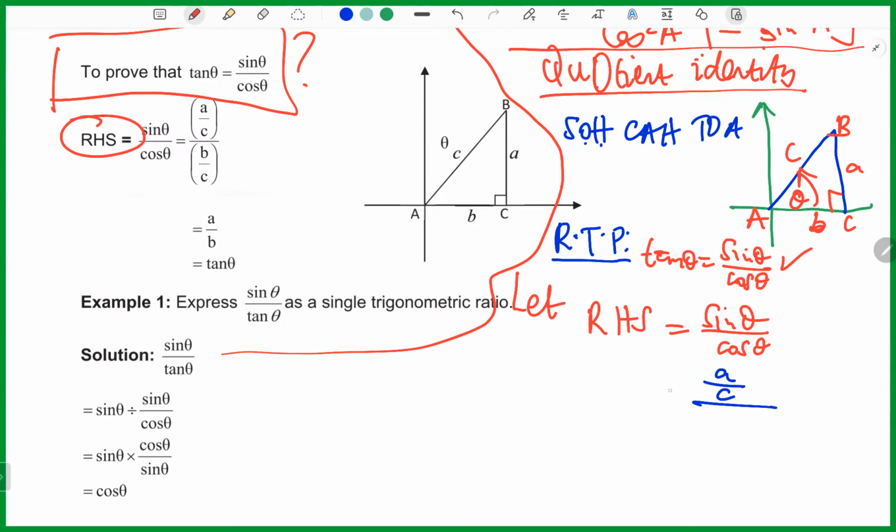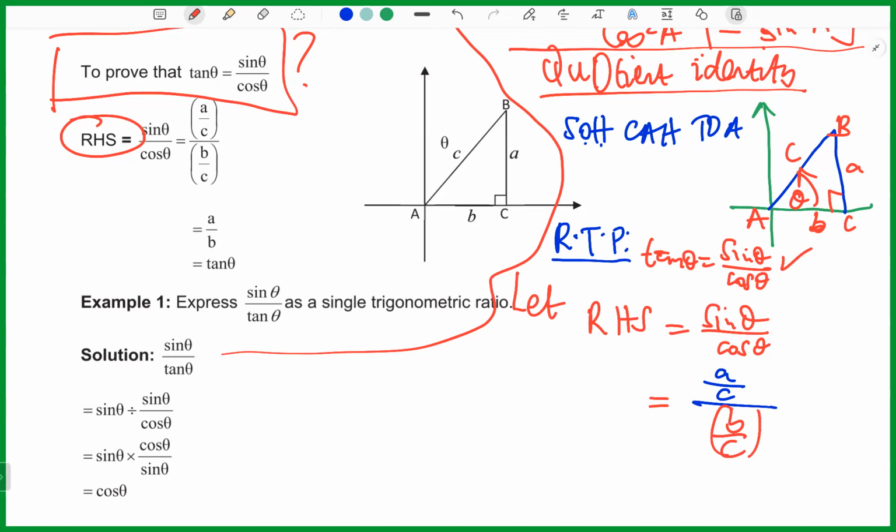And we have the cosine of theta, which is actually the adjacent over the hypotenuse. So we have that. Okay, so we continue.